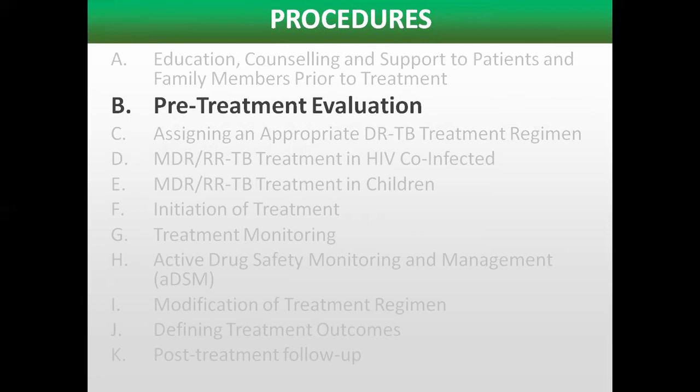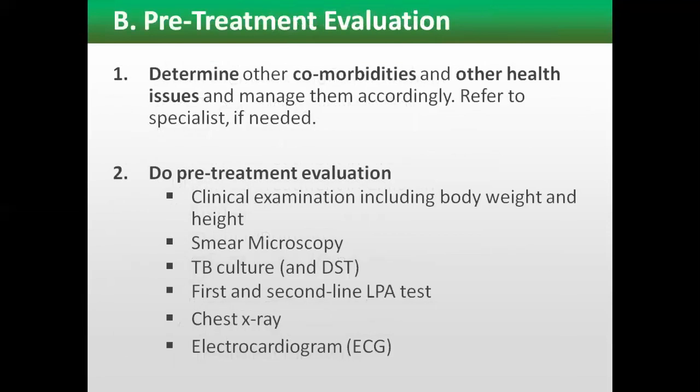Now that you were able to discuss with the patient the need for treatment, what we are going to do before we actually start the treatment is pre-treatment evaluation. So we determine other comorbidities and other health issues of the patients and manage them accordingly if not controlled. We can refer them to specialists if needed.